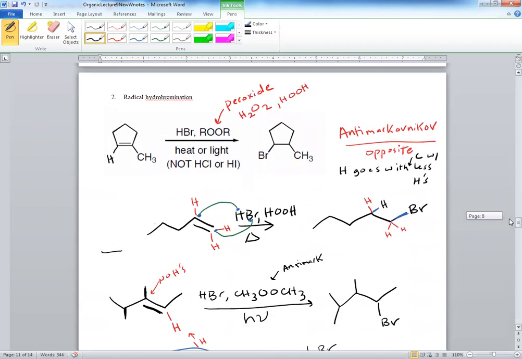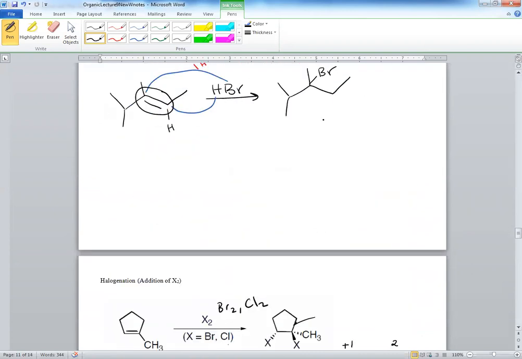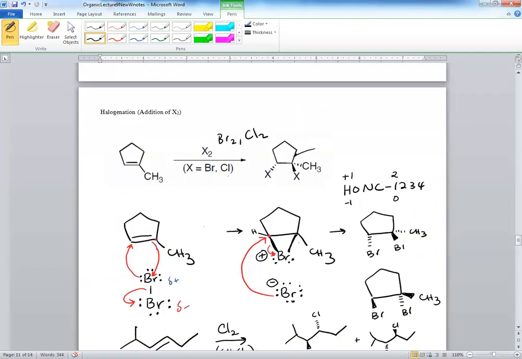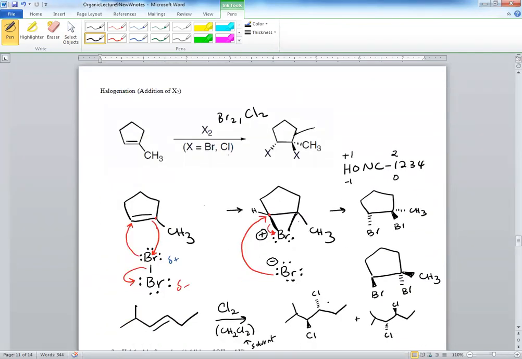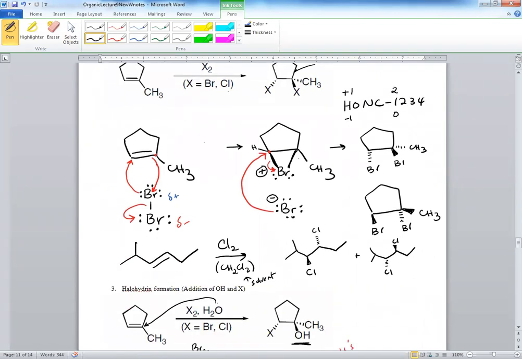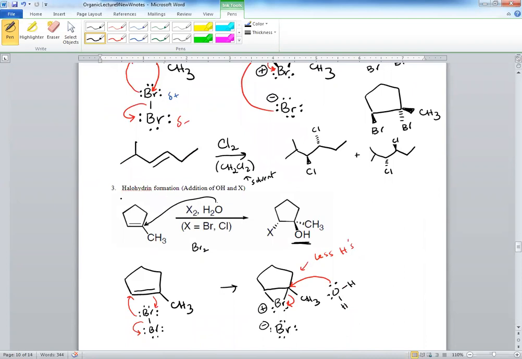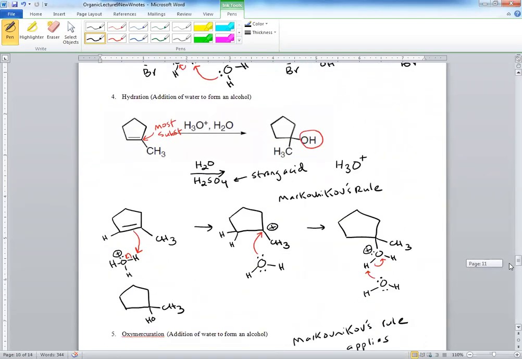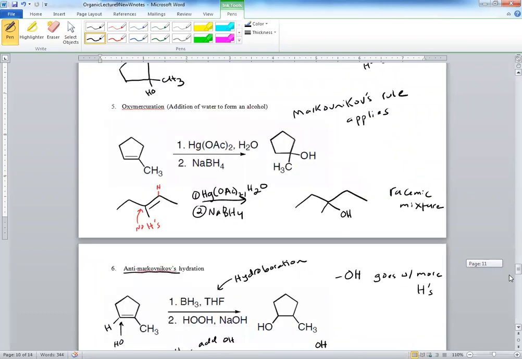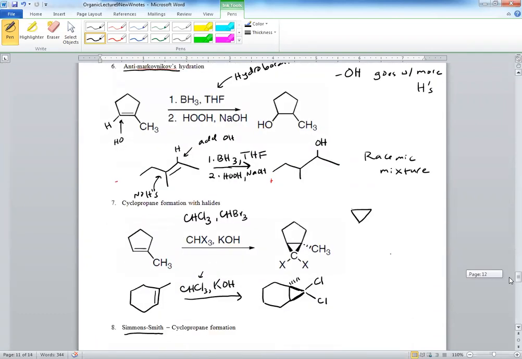The second one is the same thing, anti-Markovnikov's rule. Third reaction, we also made an alkyl halide through halogenation, but with two halogen atoms added. Here we formed a halohydrin, an alcohol. We went from an alkene to an alcohol.